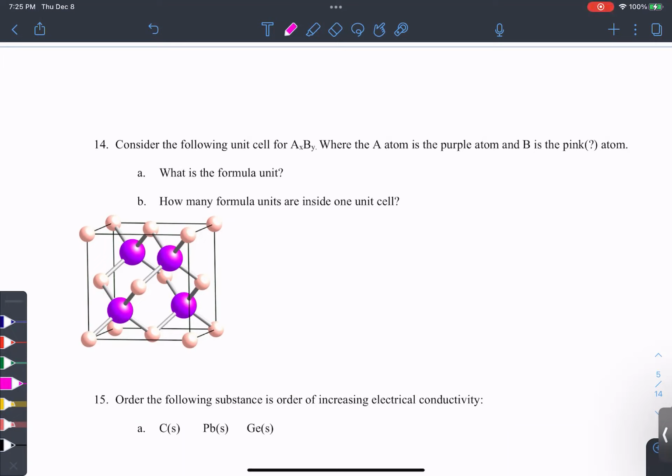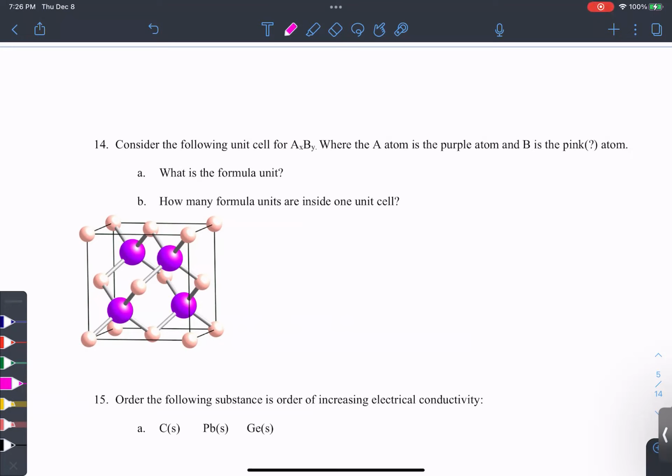What is the empirical formula for this compound? Our strategy is to figure out how many pink atoms and how many purple atoms are inside the unit cell. If we know that, then we can get the ratio of A and B, and the simplest ratio, the empirical formula.